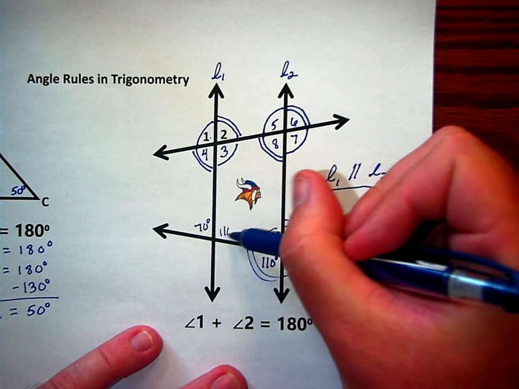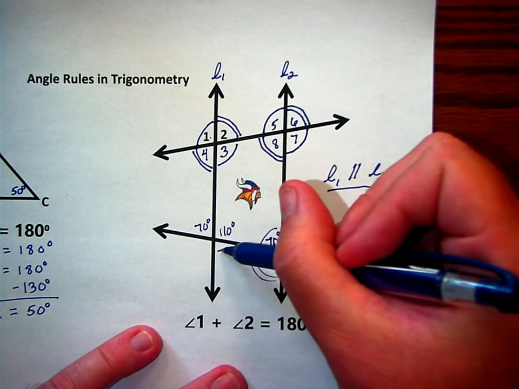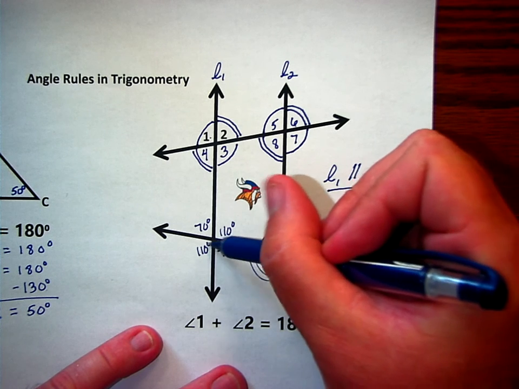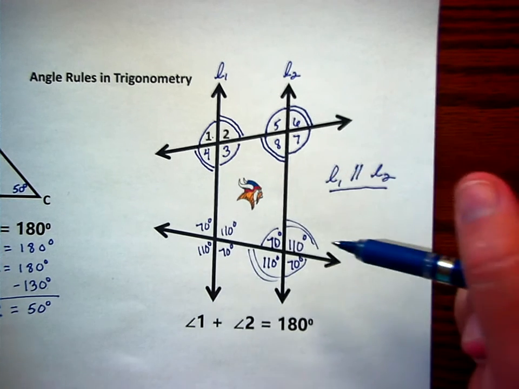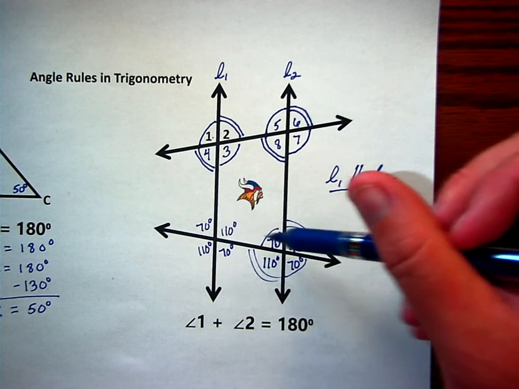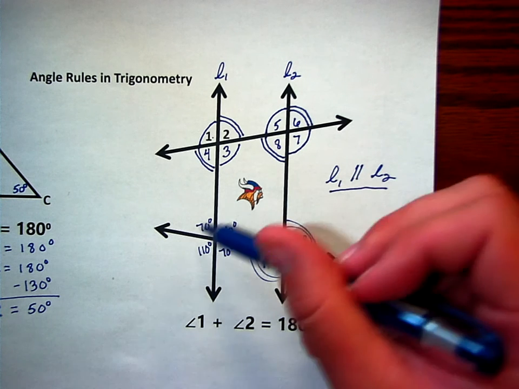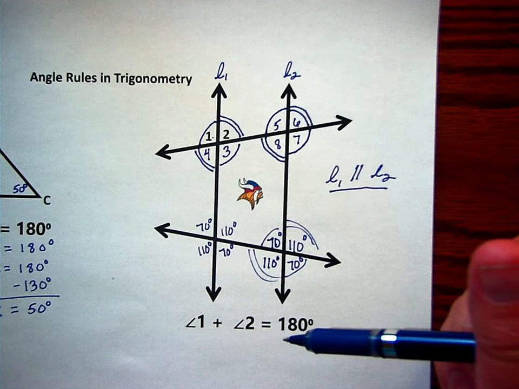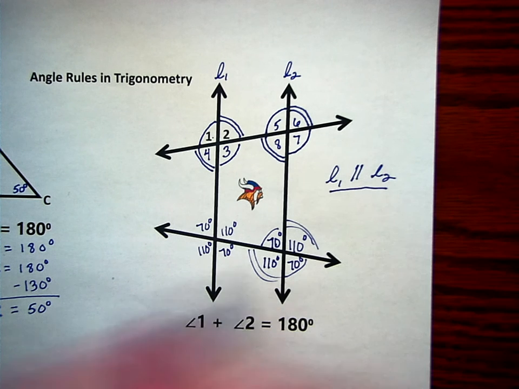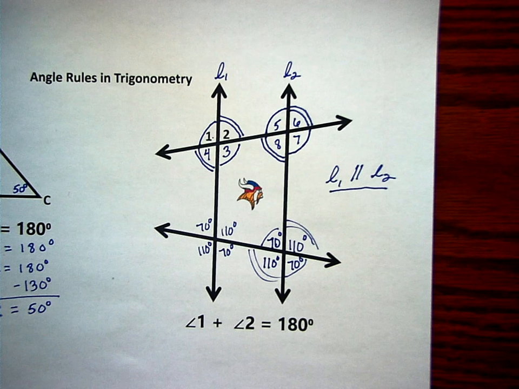This is 110. This is 70 degrees, and this is 110. So by knowing one angle measure, we can find the measure of all of the angles in these clusters. And that concludes this presentation for angle rules in trigonometry.